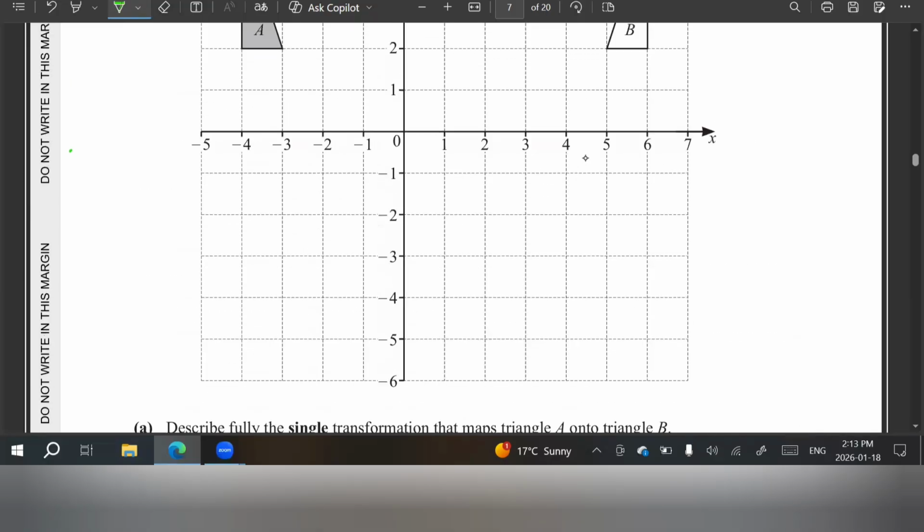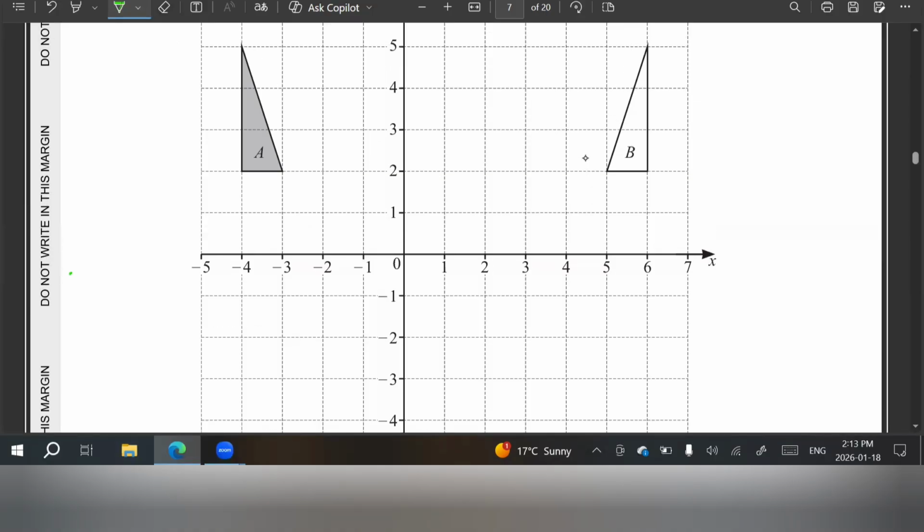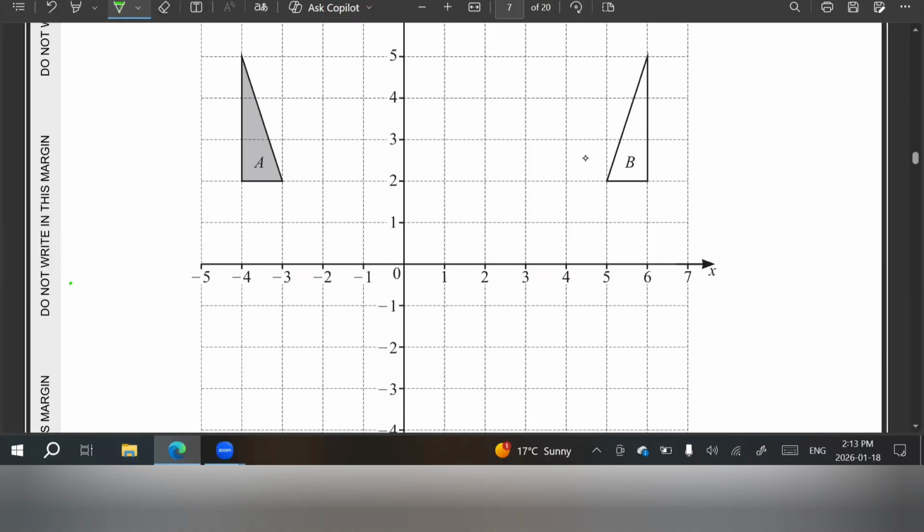Let me show you. They say make the image of the figure A. You will take this point, and this is my center of rotation. With the help of the scale, you join these 2 points and extend the line.